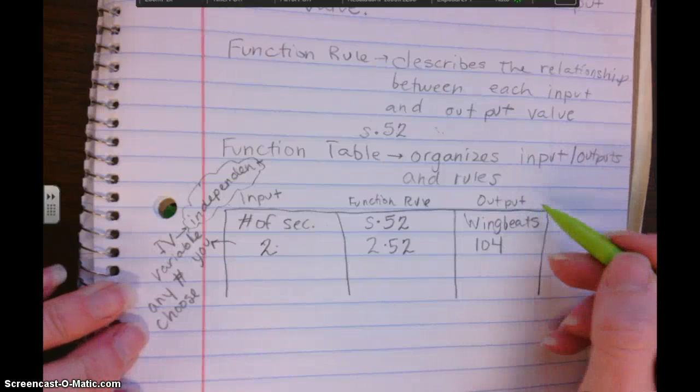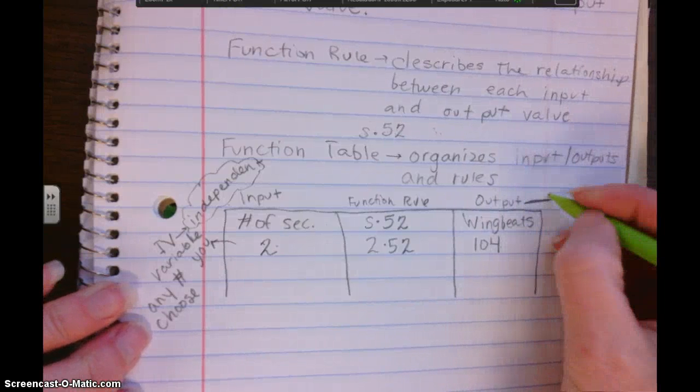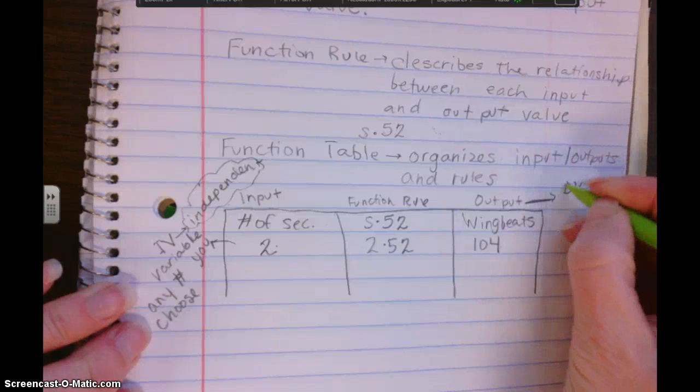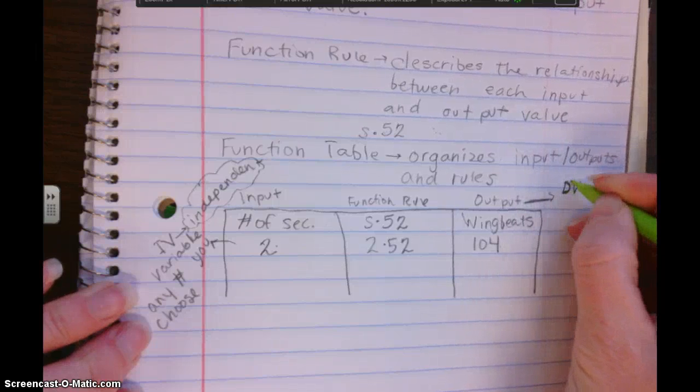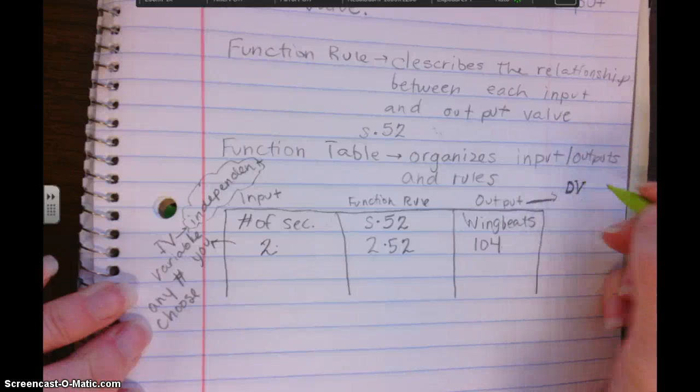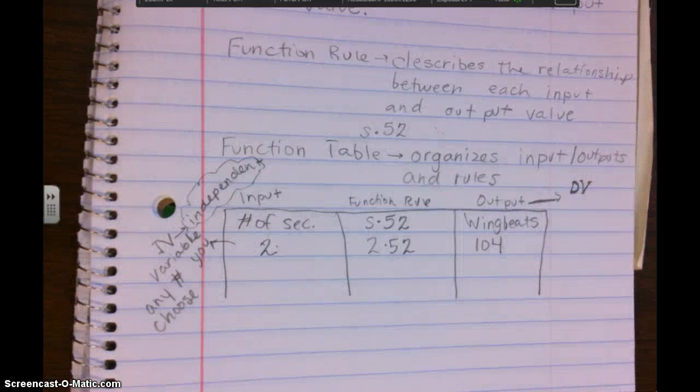The wing beats, or the output values, are known as dependent variables, or the DV. You might also have some connections to science when you're doing your science labs, and you have something that's independent of the changes you make, and then the output that is dependent on what you've just changed.